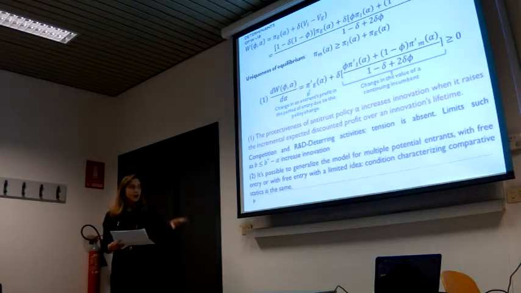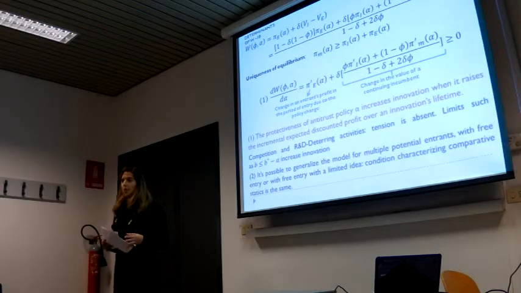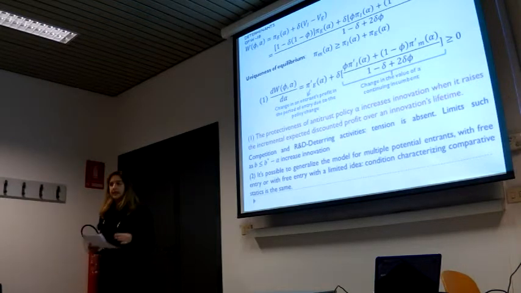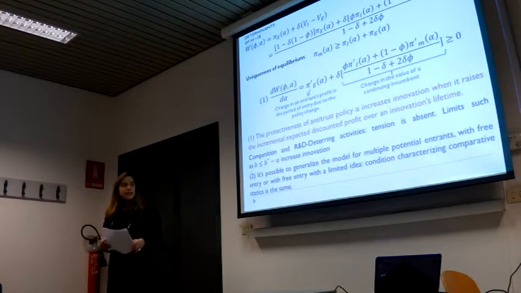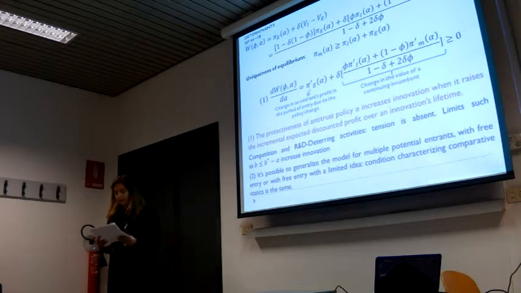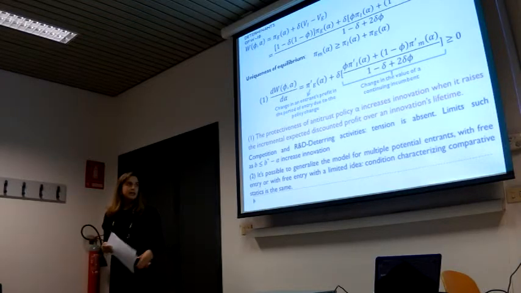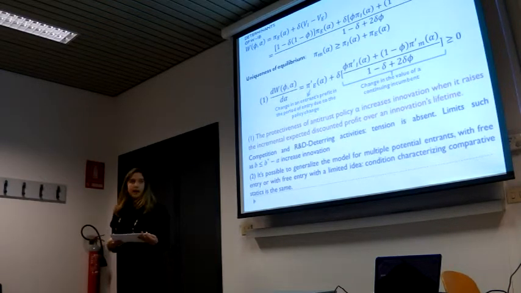Focusing on a particular case, they took into consideration the possibility for an incumbent firm to carry out deterring activities that try to avoid the research and development of the entrant. In this situation, they say that the tension is absent. Why? Intuitively, because when the incumbent can do this kind of activity, the innovation efforts by the entrants will be reduced.